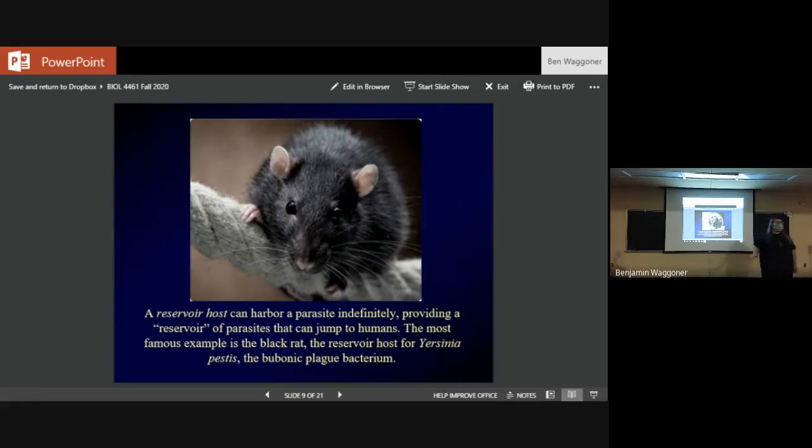We'll actually get at least a couple of cases of plague. Although these days we've got treatments and we've got public health monitoring, and it hasn't yet become a true epidemic. But it will probably never completely go away because this very common species is the reservoir host.